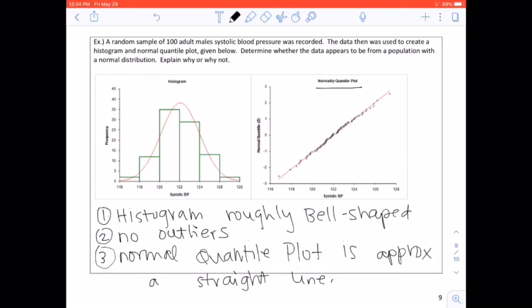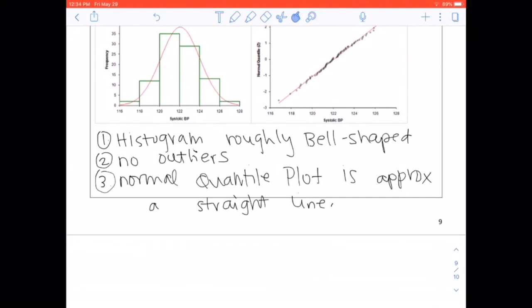And because of this, we can say that this is coming from a population that is normally distributed. So we'll say therefore, the population is normally distributed.